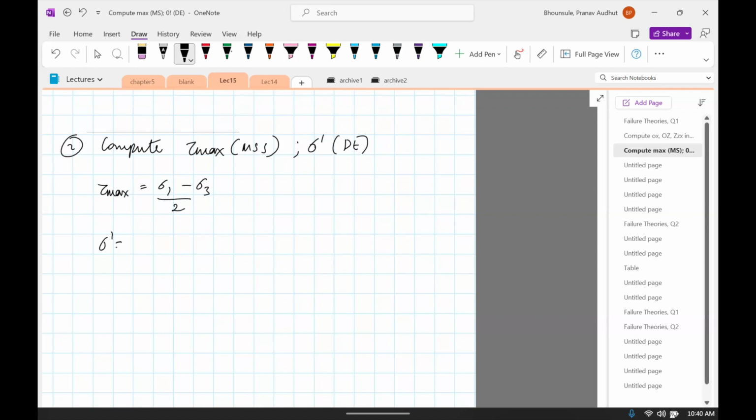And for sigma prime, if I remember right, it is the square root of sigma x square plus sigma z square minus sigma z sigma x plus 3 tau zx square. I just converted the formula, which is for xy, to zx.